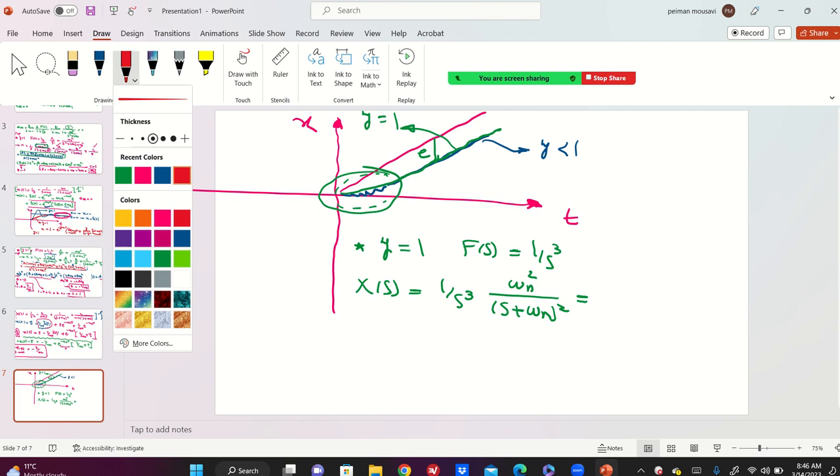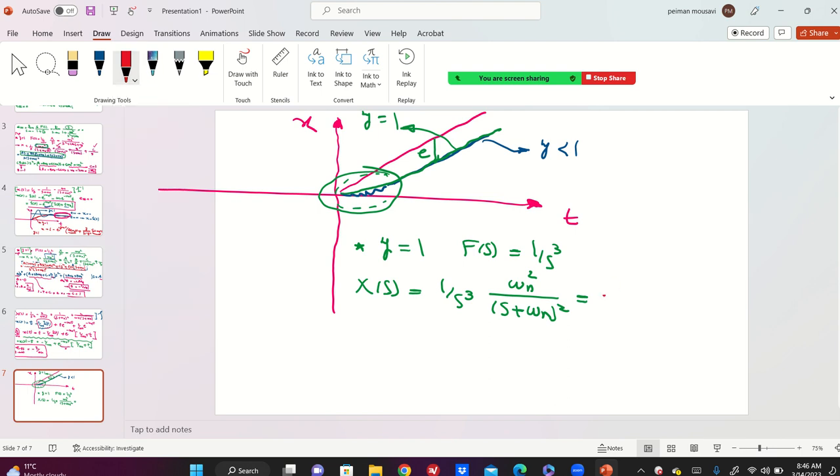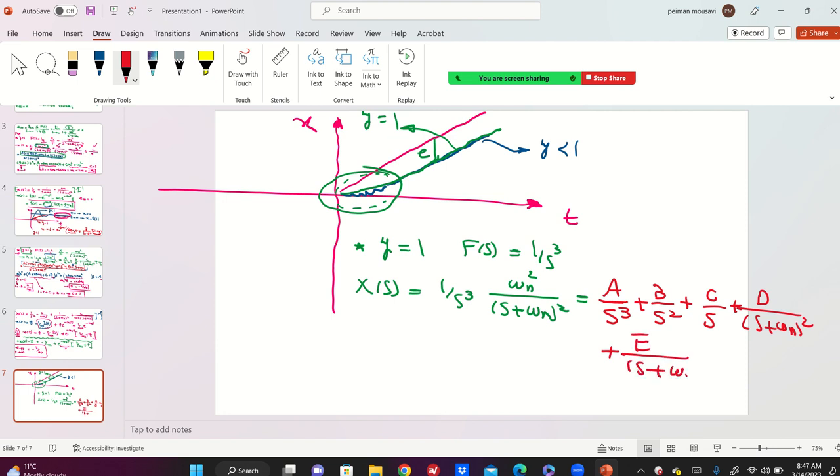I don't want to spend your time here. It's going to be the same process, except that we're going to have more coefficients: 1 over s cubed plus b over s squared plus c over s plus d over s plus omega n squared plus e over s plus omega n. Please do it as homework. Find the a, b, c, d, e.